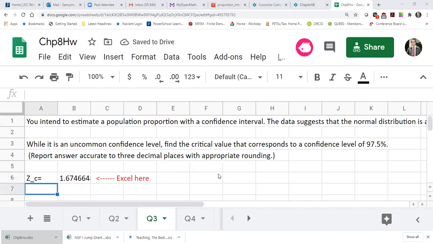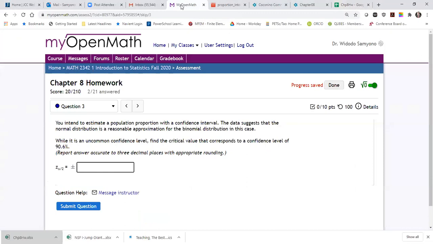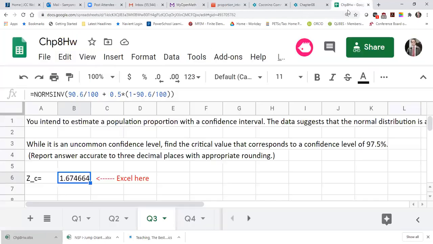Okay, so how many decimal places do you need to put? 3 decimal places, right? So the answer will be z alpha over 2.